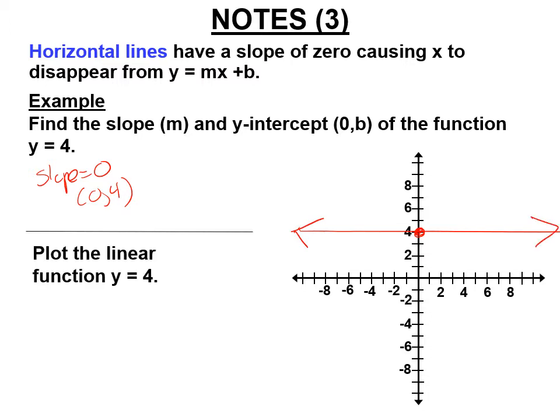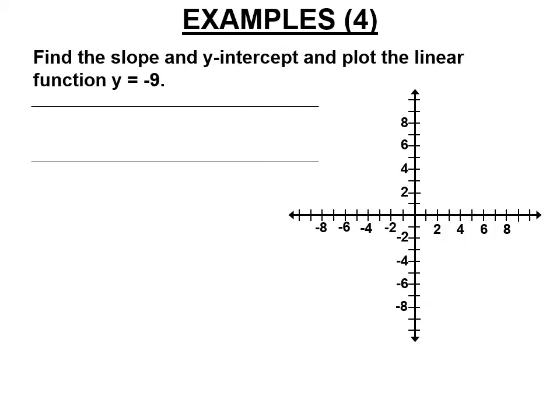On the same graph, oh, I already did it. So we're plotting the linear function. I plotted the linear function y equals 4, and I found the slope and y-intercept. That's horizontal. On the same one, find the slope and y-intercept and plot the linear function y equals -9. The slope is 0, the y-intercept (0, -9).